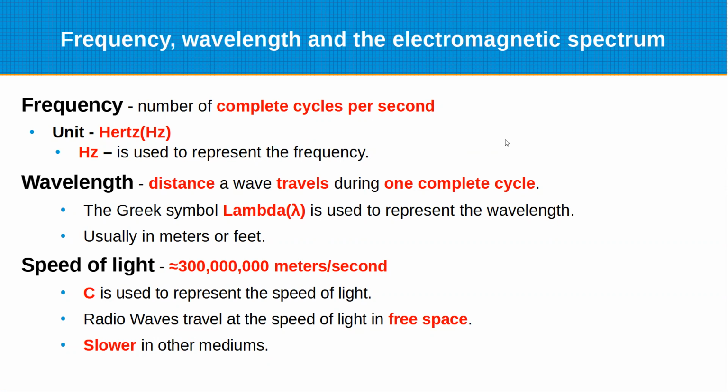Wavelength is the distance the wave travels in one complete cycle. It's assuming that it's traveling at the speed of light. Now, when you get to it actually traveling in wires, it's a little bit slower. So there's a velocity factor that you apply.